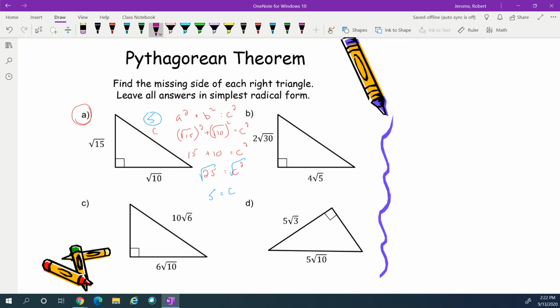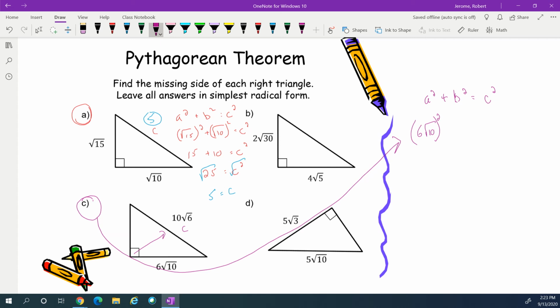I'm going to choose C this time. And I'm just going to bring our work out here. So A squared plus B squared equals C squared. We have the hypotenuse, so I know C. So I'm going to say 6 square root 10, put parentheses around the whole thing.